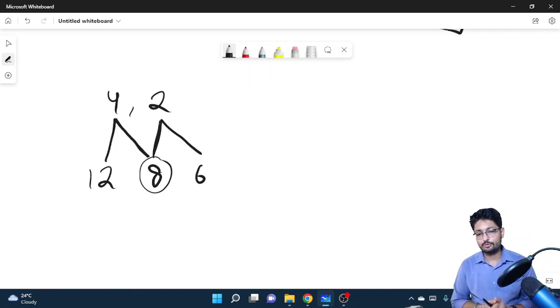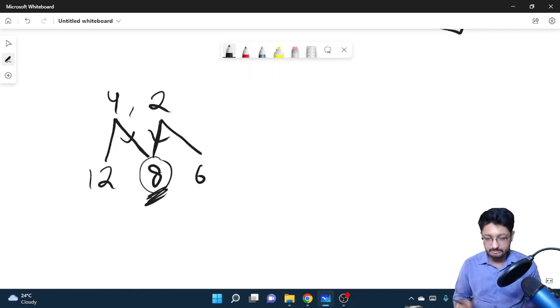Why not put the smallest number possible? That is the LCM. The LCM of two numbers is the smallest such number, because it is actually a multiple of both 4 and 2. So the lowest common multiple of the two numbers, that is the LCM, is 4. So why not just put 4 here? Let's try. If I put 4 in the middle, then what number should I put first?